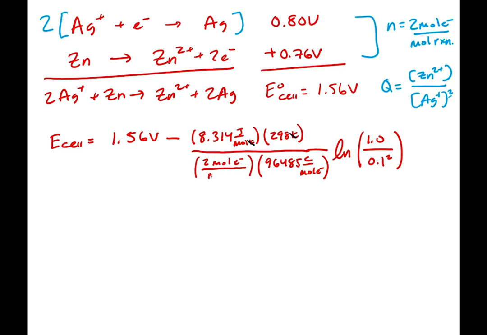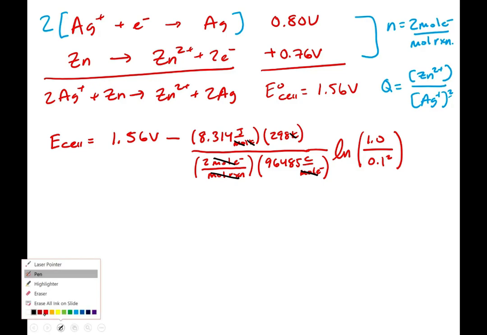So it's implied that it's 2 moles of electrons per every mole of reactions. We don't often write it, but I am going to show it here so that now we can see how the units properly cancel out. The moles of electrons go away, and then the per mole of reactions cancels the per mole from R. That leaves us with units of joules per coulomb, and that's the same thing as volts.